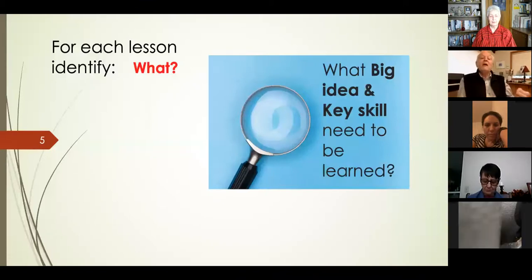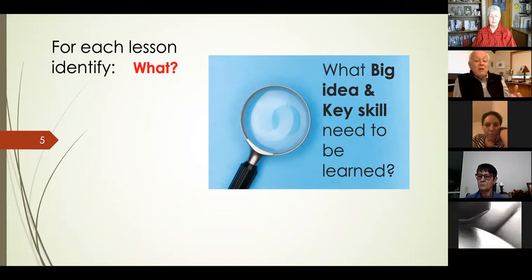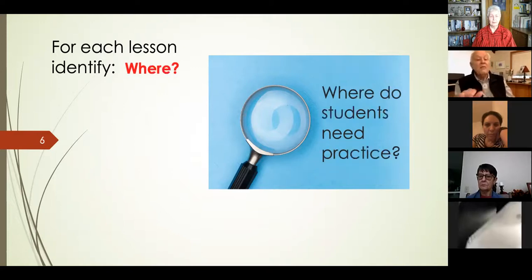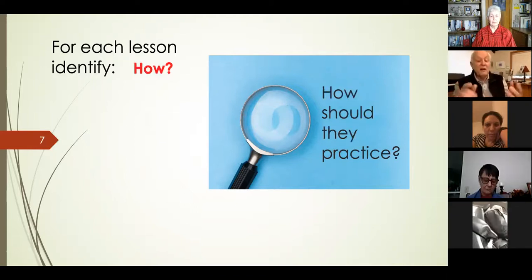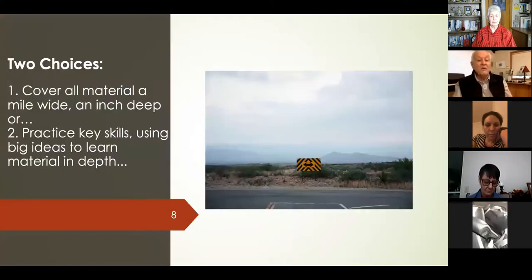So for each lesson, you need to identify what big key idea and key skill the students need to learn. And then for each lesson, where do the students need practice? And then finally, how should they practice? And we're going to go into how to do that.